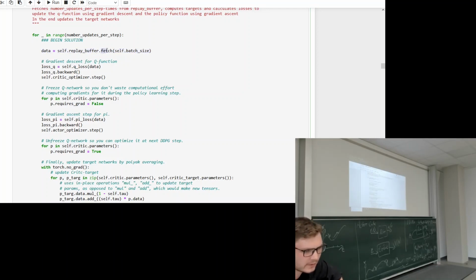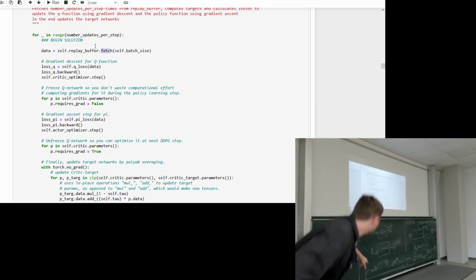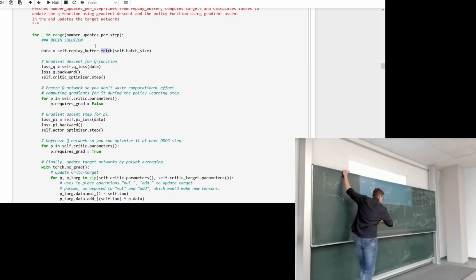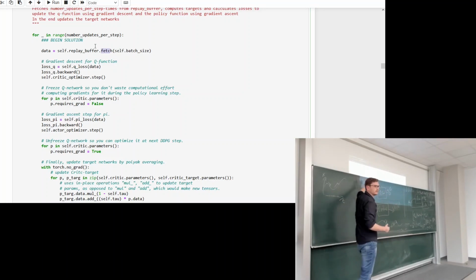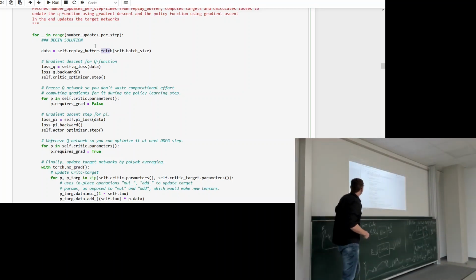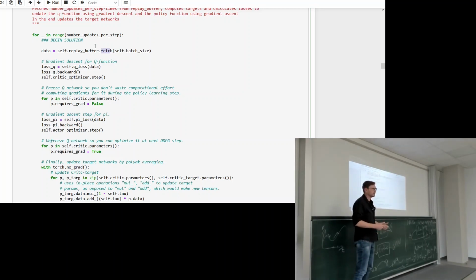The fetch function we have defined above will find random samples from our replay buffer. So again, this is our replay buffer. We take just some random state transitions from that. Not only one, but many, but it always must be state transitions.